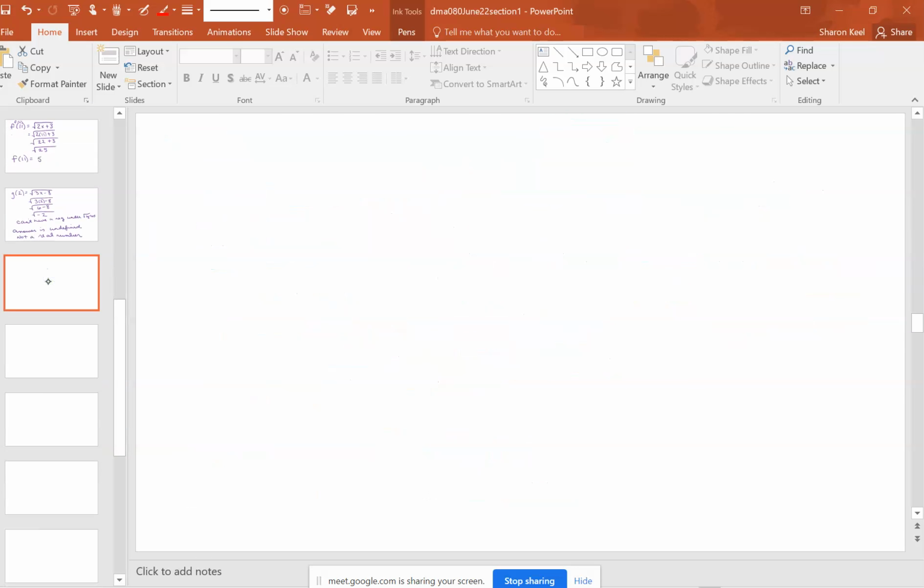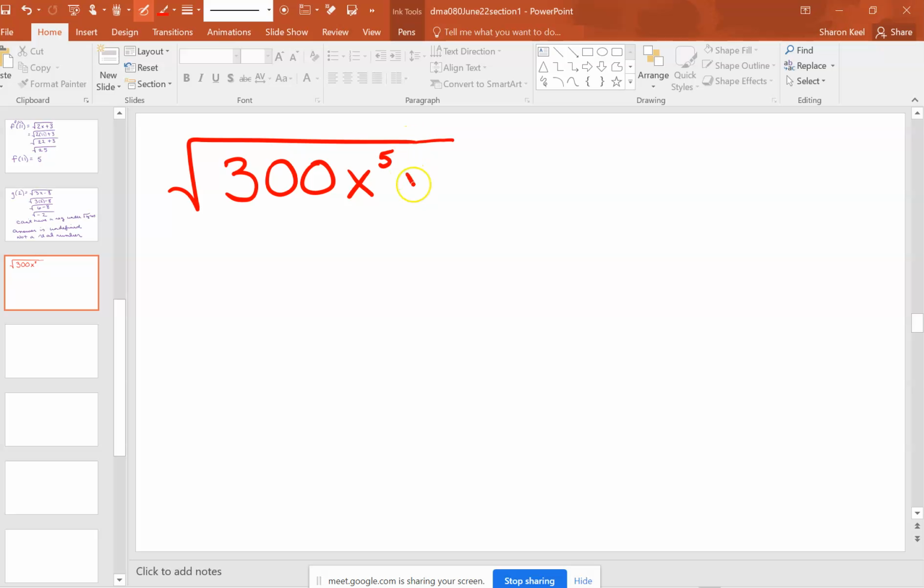I'll come down here and give us a similar problem to do. Let's say we have the square root of 300 x to the 5th and y to the 8th.